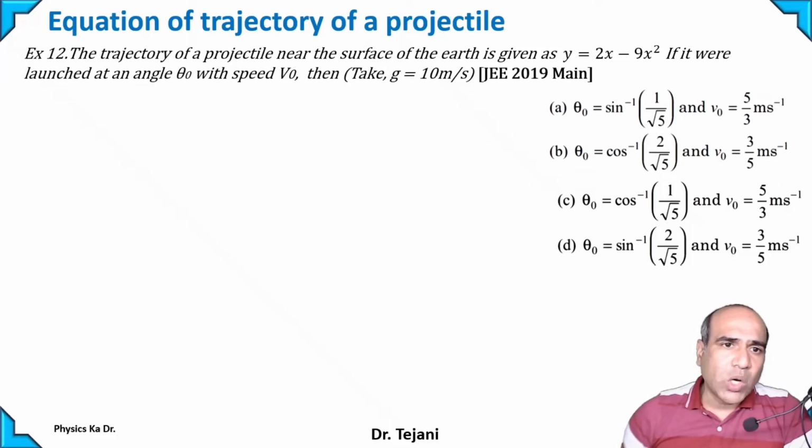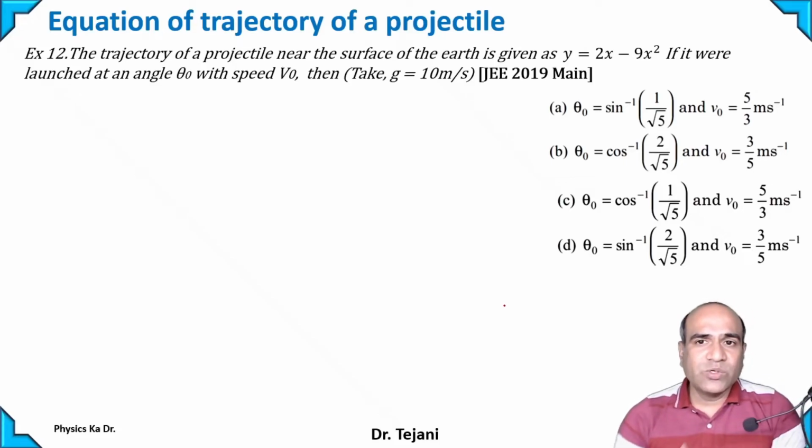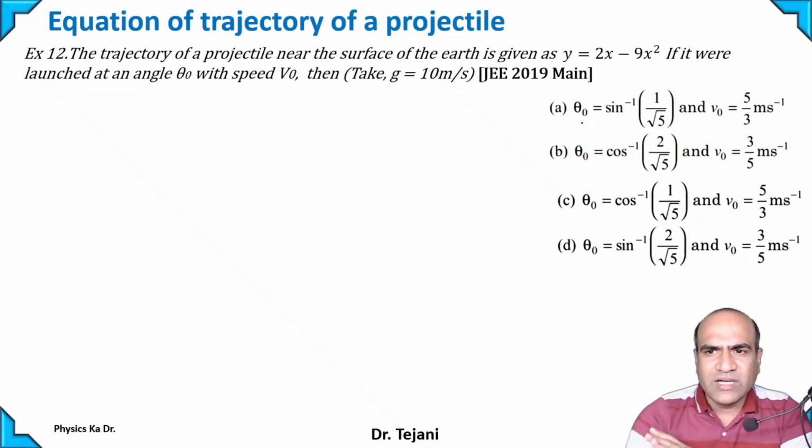If it were launched at an angle theta 0 with velocity v0, then take g is equal to 10 meter per second square, and the options are given. Now what next?